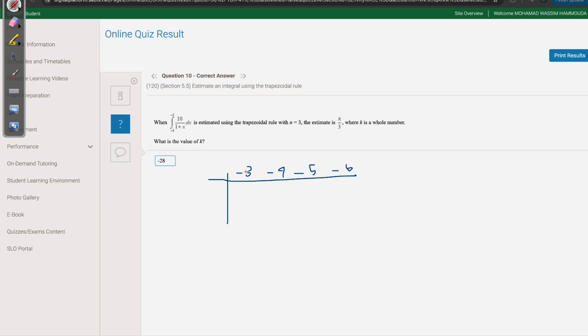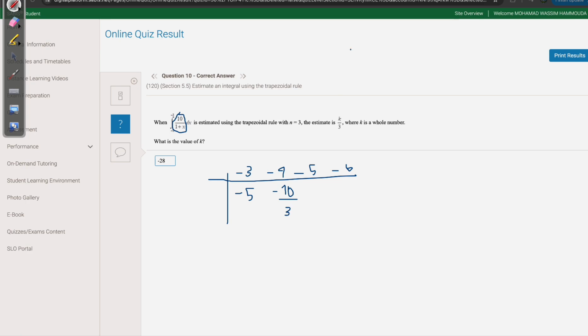And then we're gonna substitute negative 3 in the equation itself, which is 10 over 1 plus x, right? So 10 over negative 2, negative 5. 10 over 1 plus negative 4, which is negative 10 over 3.